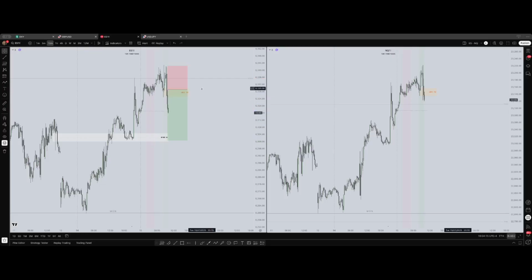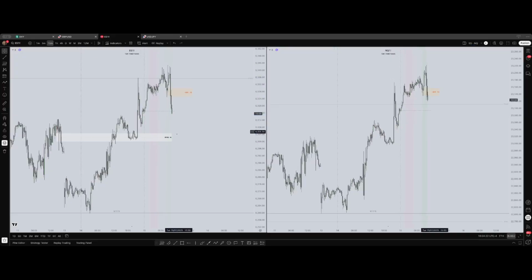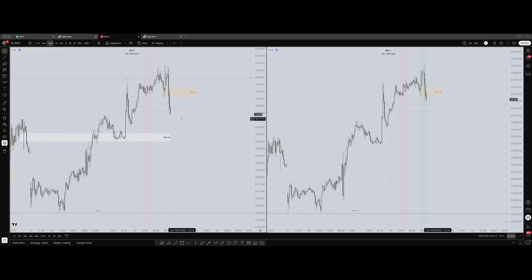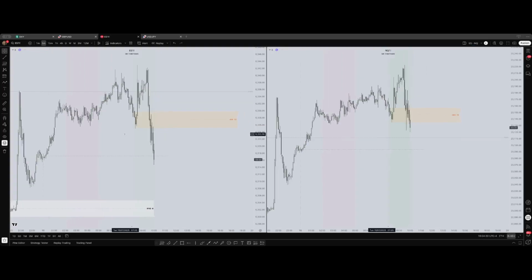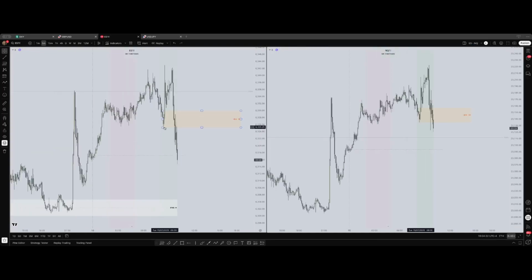This is a 2-1 more or less. But very ugly, to be honest. It's not so clean, the movement of the price. It's very ugly. It's kind of a low resistance liquidity run.